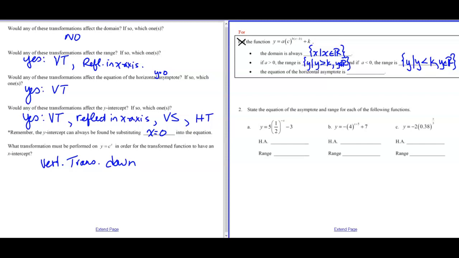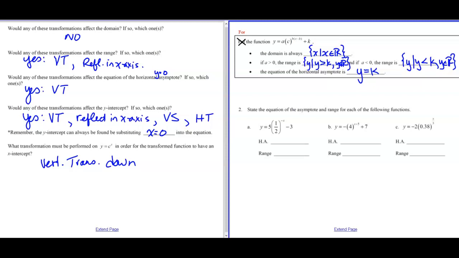Nice. Okay. Equation of the horizontal asymptote then is y equals k. All right, state the equation of the asymptote and the range. So, it's always going to be a constant term, provided this has been shown in a form where you can tell what the base is, x is in the exponent, right?